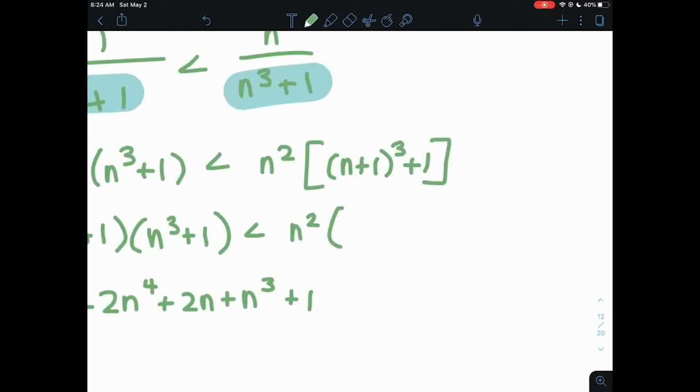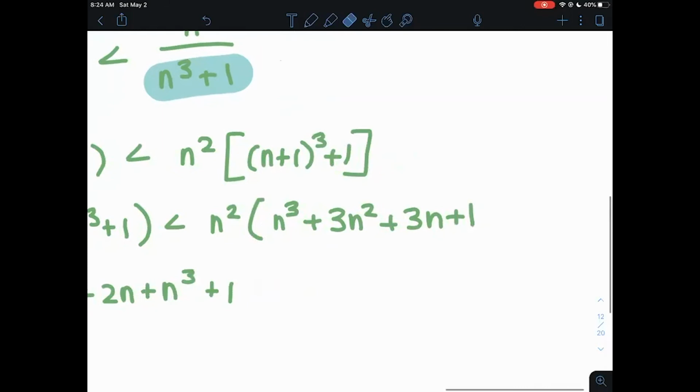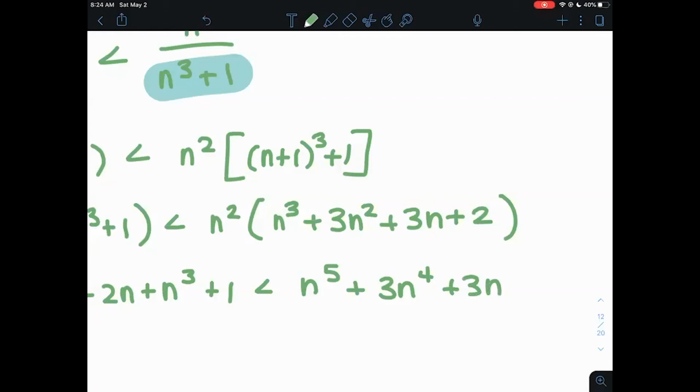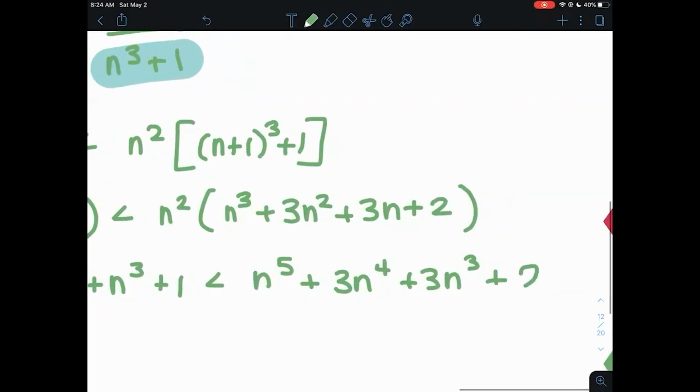I'm going to expand this (n plus 1) cubed, using Pascal's triangle to cheat my way through this. If you know your binomial expansion shortcuts, this should be pretty quick and easy. Plus 1, but then I'm adding another one so that it will actually be plus 2. So now my right side looks like this: n to the 5th plus 3n to the 4th plus 3n cubed plus 2n squared.